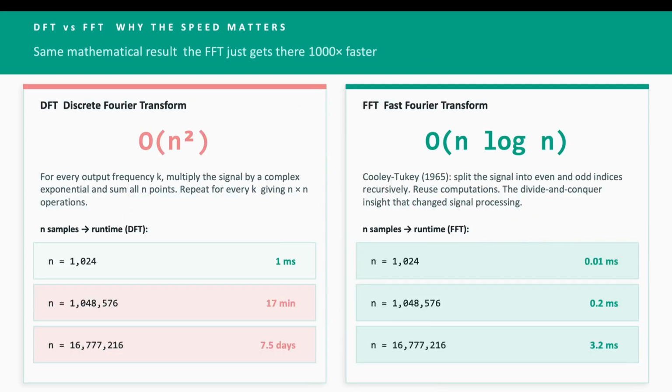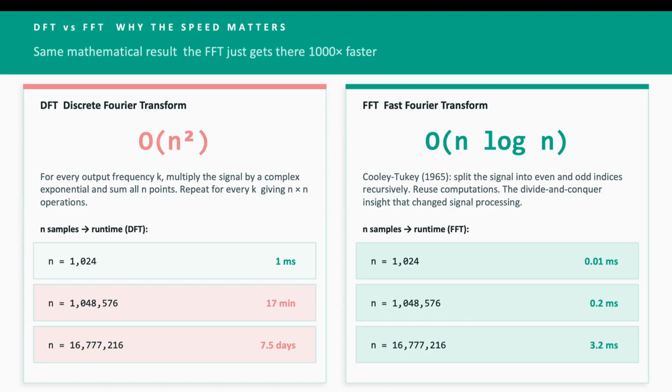This is the difference. The mathematical operation we want is called the discrete Fourier transform, the DFT. It takes n time domain samples and produces n frequency domain values. The problem: the naive DFT algorithm is O of n squared. For every output frequency k, you multiply the entire signal by a complex exponential and sum all n values.